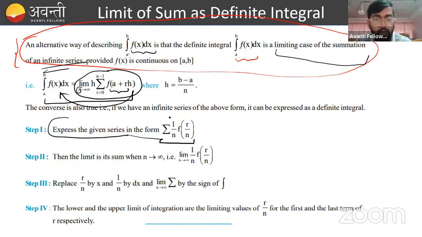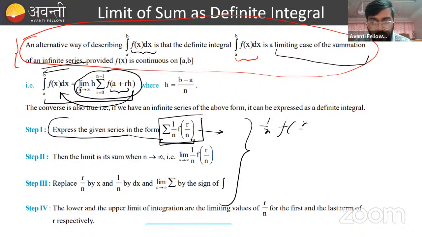I want you all to write this point. These points are important, this will help us in solving problems. So this is the first point: whenever we see an infinite series, we'll try to express it in this form: 1 by n f of r by n. Now the limit is its sum when n is tending to infinity.